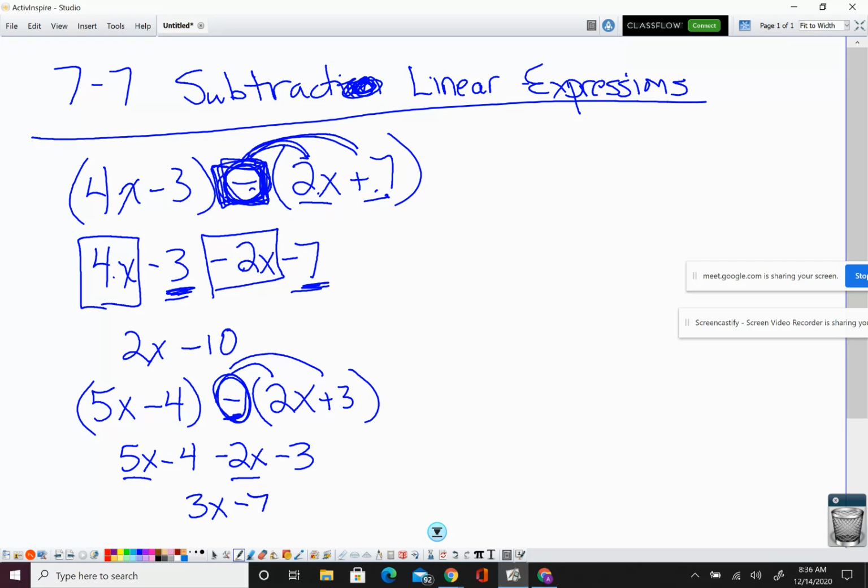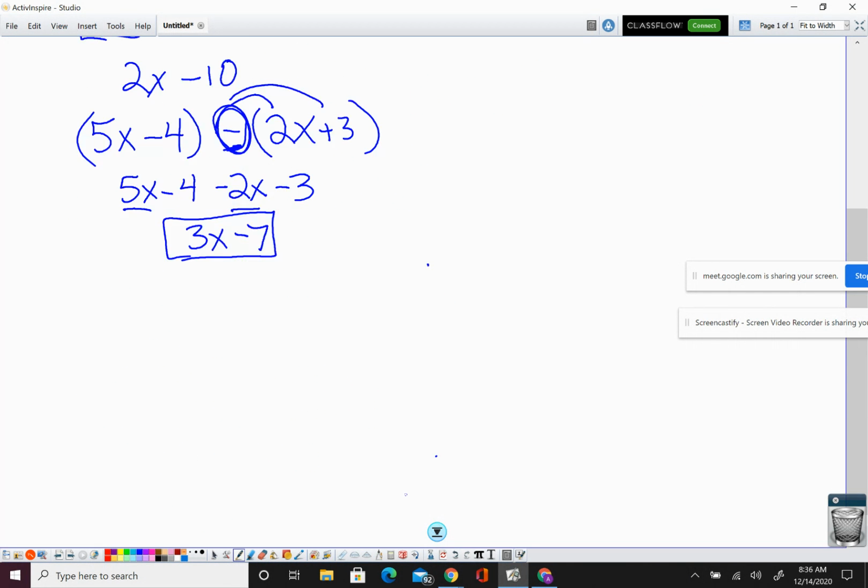So not a lot of difference from what we were doing on Friday with adding linear expressions, but now we're just subtracting them. And for all of your problems for today, you just have to change the sign of everything in the second parentheses.